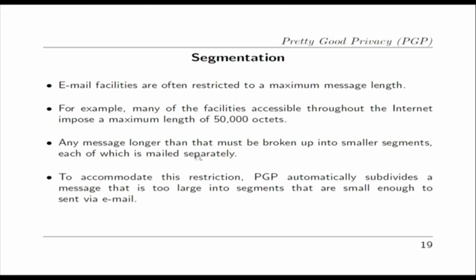Any message longer than that must be broken into smaller segments, each of which is mailed separately. To accommodate this restriction, PGP automatically subdivides a message that is too large into segments that are small enough to send via email. So the segmentation is required because of the size restriction of the message to be sent.